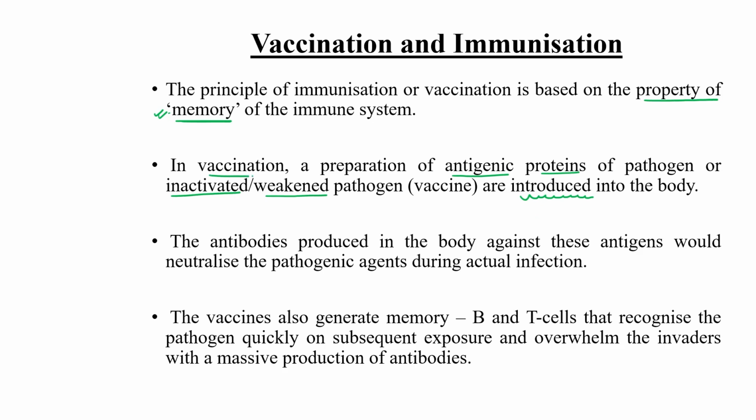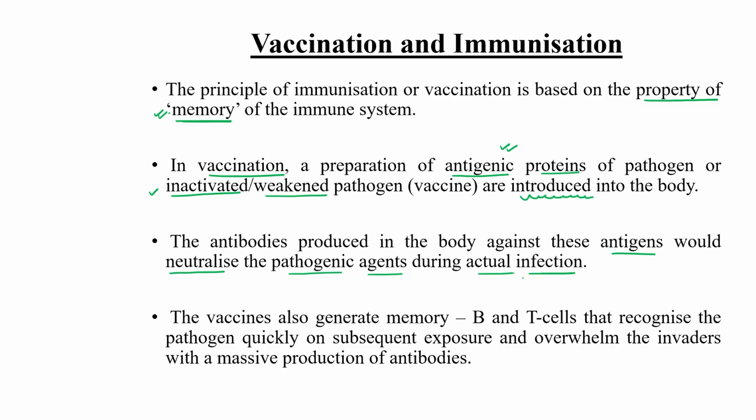In vaccination, any antigenic protein from a pathogen, or the whole pathogen in inactive or weak form, is introduced into the body. Okay, the antibodies produced in the body against these antigens would neutralize the pathogenic agent during actual infection.